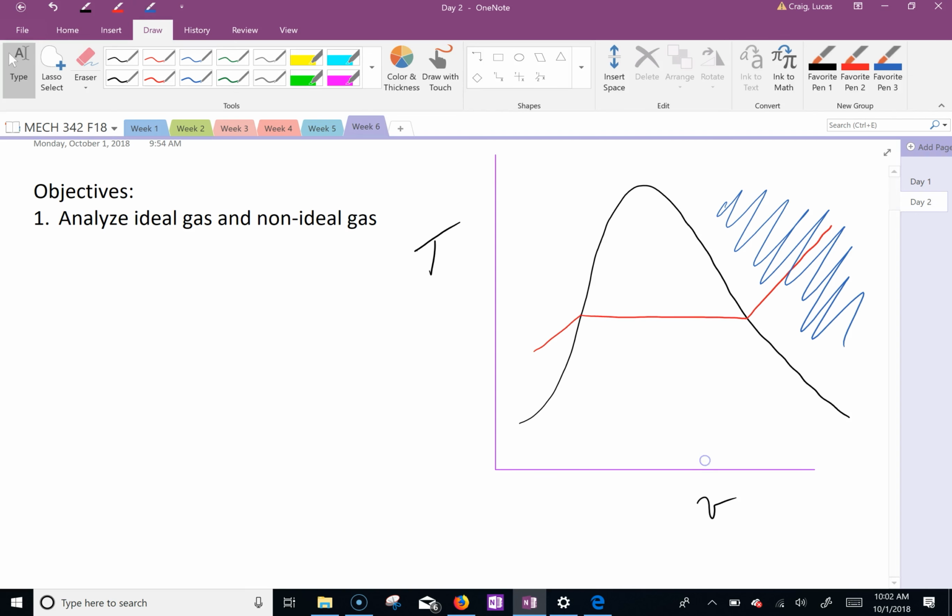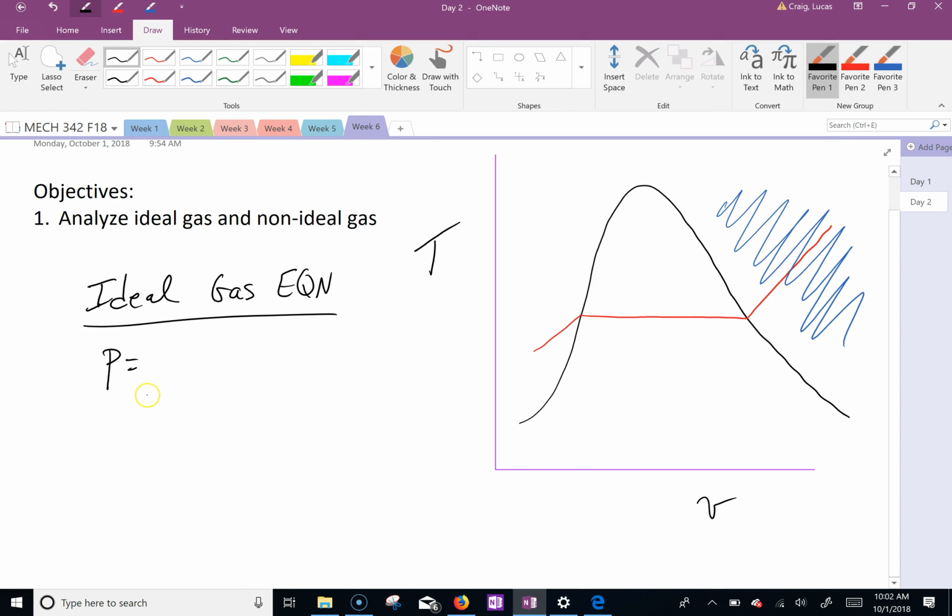So, ideal gas equations. Whoa. And pretty much after this section, you're always going to assume ideal because it makes life a lot easier. There's many. So P equals rho RT. PV equals mRT.